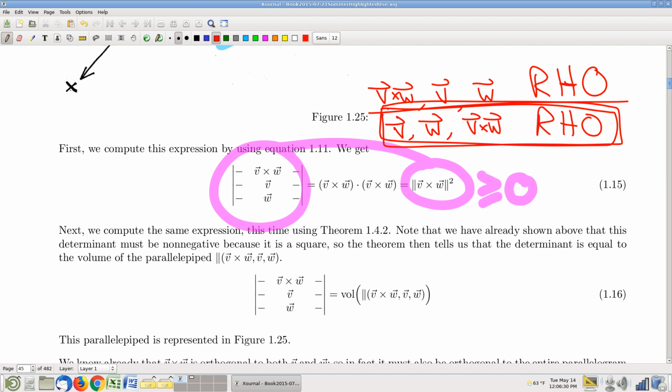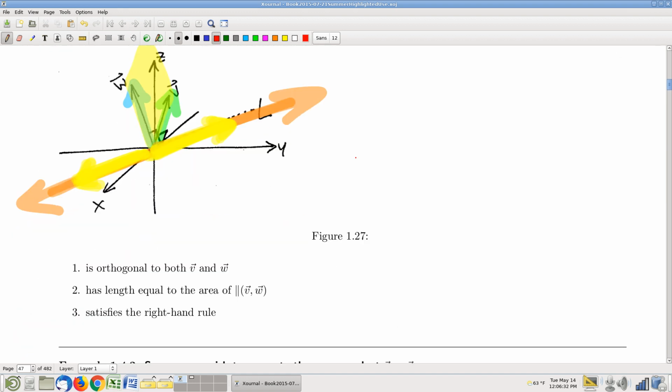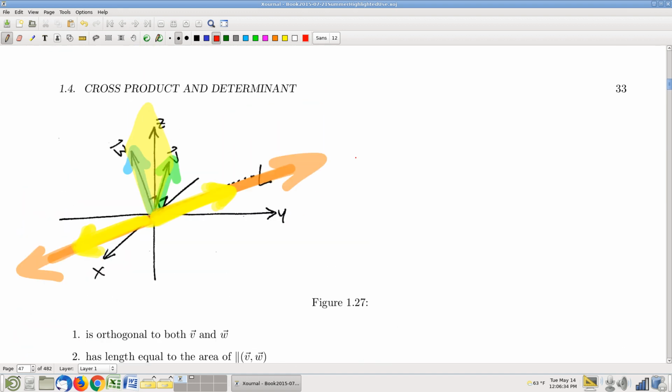On this picture that we have here, this is not a perfect picture. Drawing these pictures in 3 space is always kind of hard. The way I'm seeing this picture is that V is kind of leaning back into the page, and W is kind of leaning toward us. With that being the case, put your index finger in the direction of V. Rotate your hand as necessary.